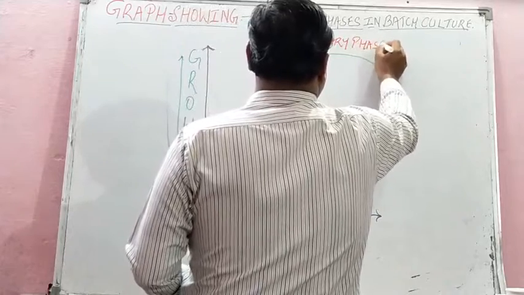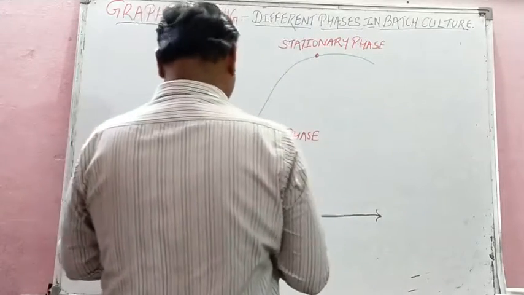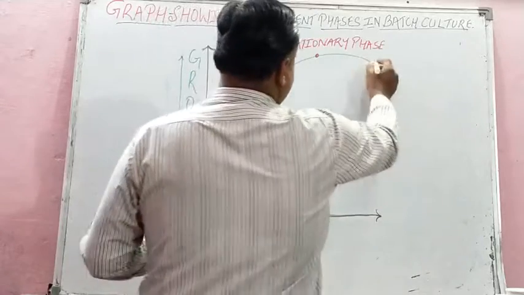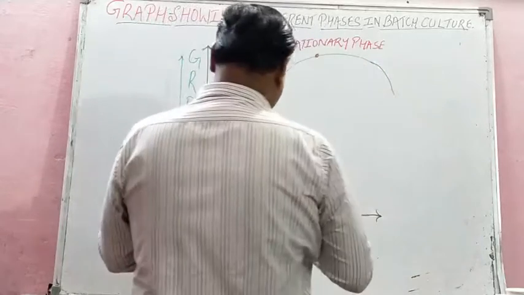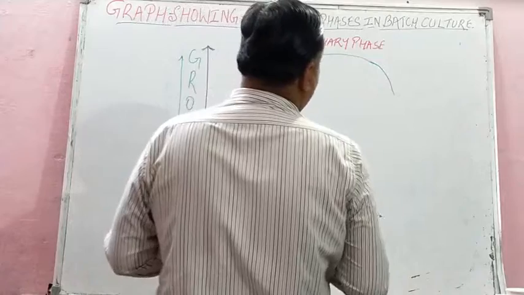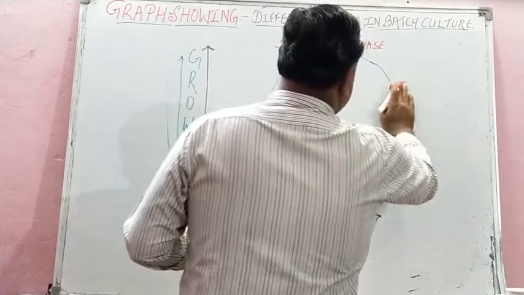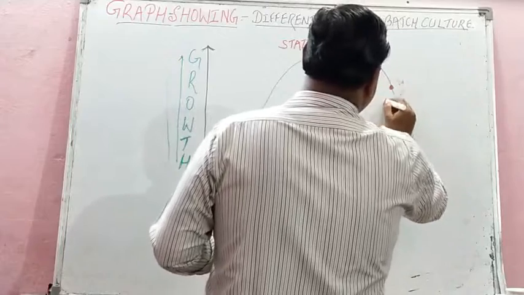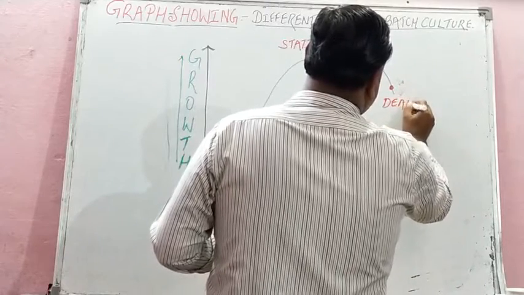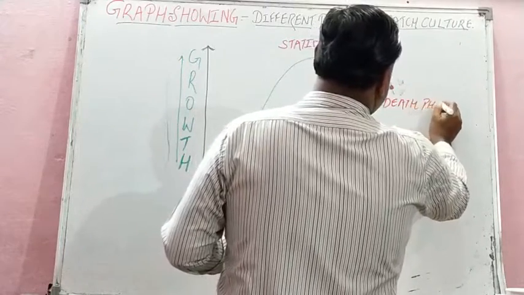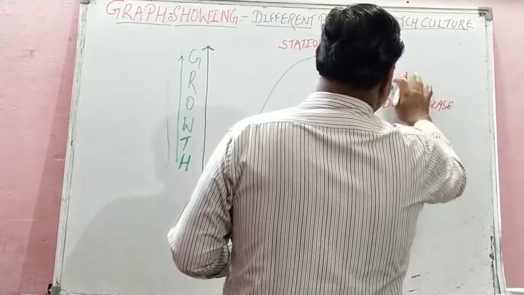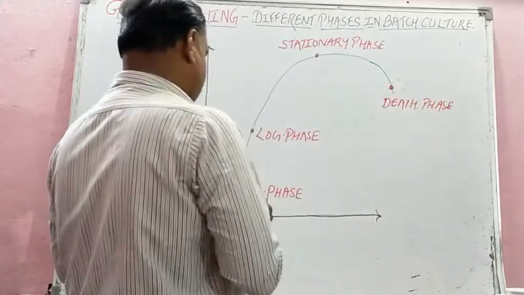And the last one, here the last phase is death phase. That is where microbial cells die. Death phase, we can write here. So one by one we will define.